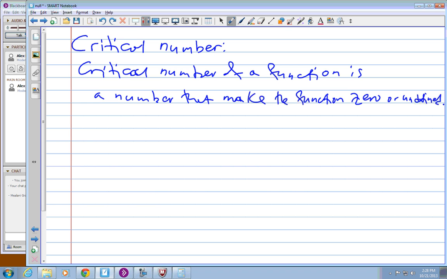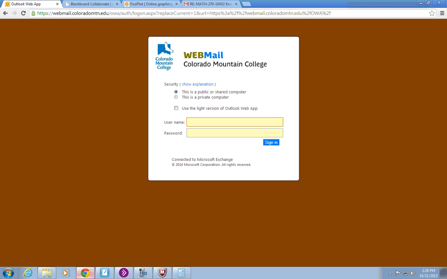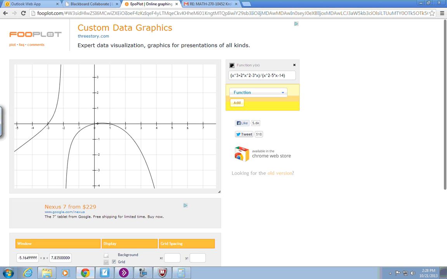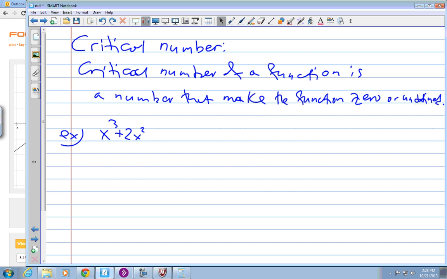Okay? Here's an example. What was it? x cubed plus 2x squared, was that the function we were playing with earlier? Yeah, minus 3x over x squared minus 5x minus 14, right?